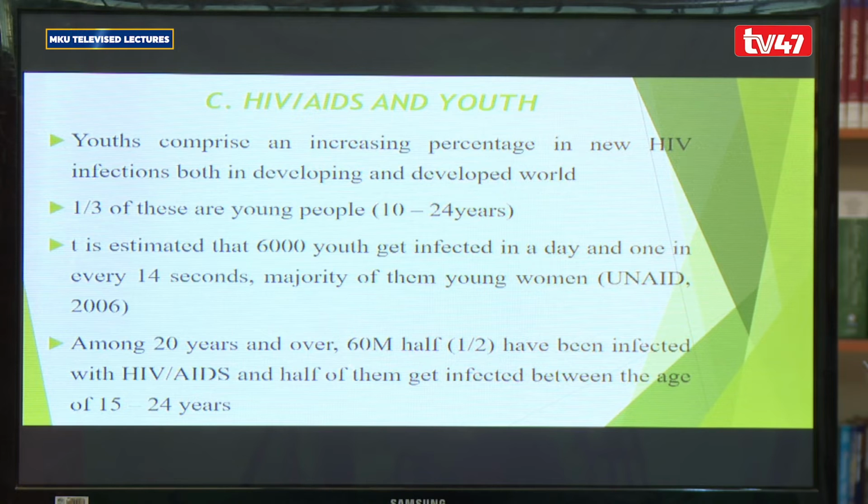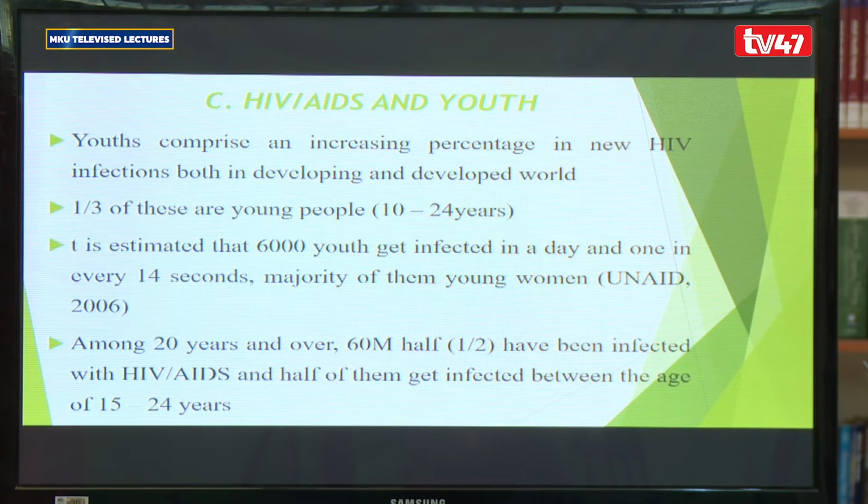It is estimated that 6,000 youth get infected in a day, one in every 14 seconds, the majority of them young women, as discussed by UNAIDS in 2006. So all over the world, in one day, 6,000 youth get infected, one every 14 seconds, which is quite a huge number.